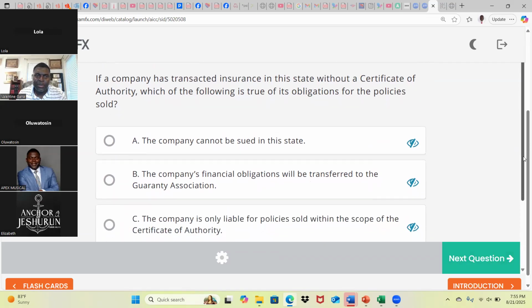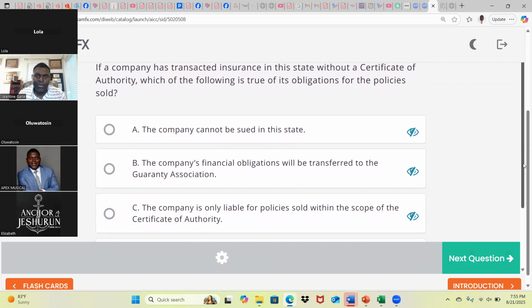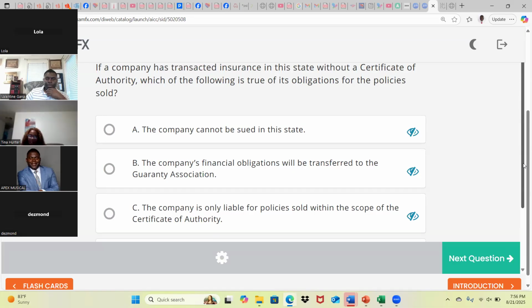Desmond, can you read this one? A company has transacted insurance in the state without a certificate of authority. Which of the following is true of its obligation for the policy sold? A, the company cannot be sued in this state.